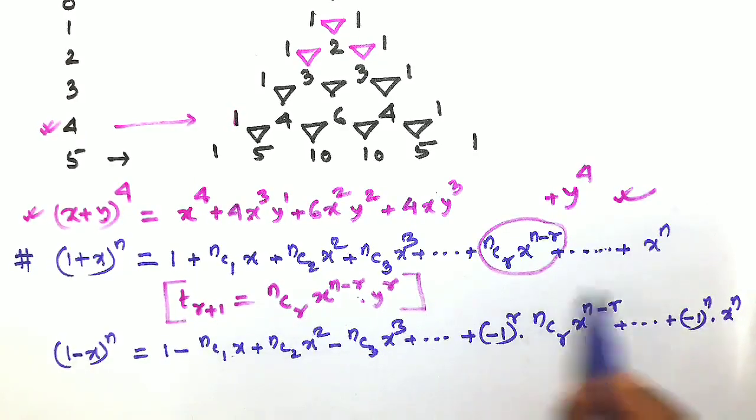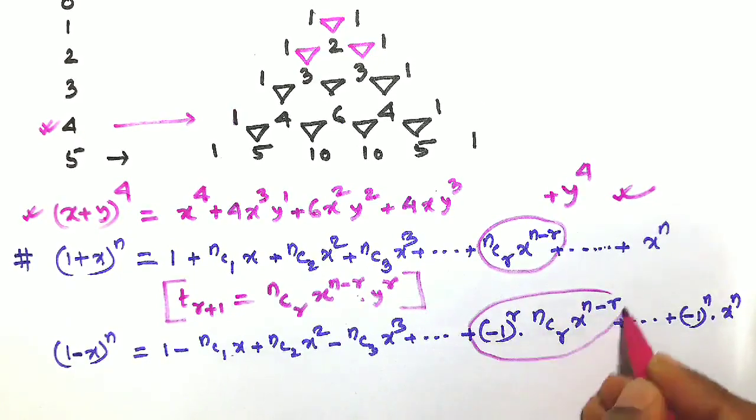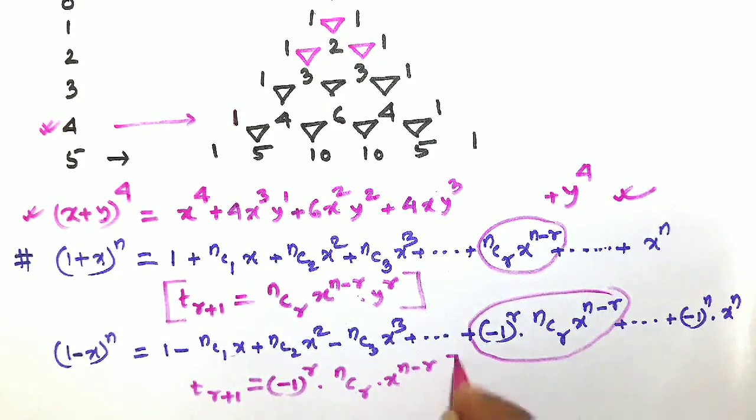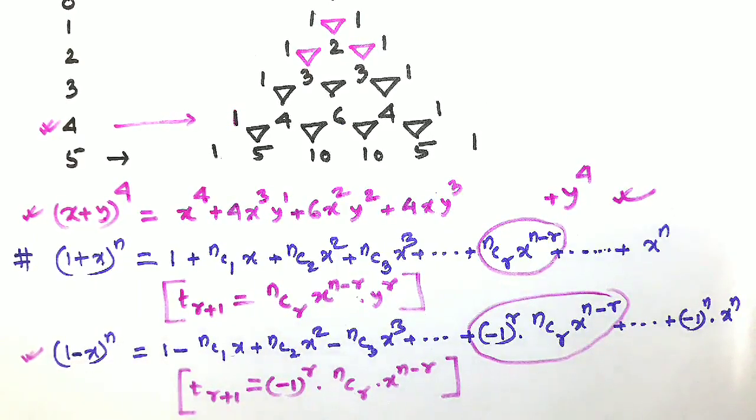So you have to write the general term. So T_(r+1) is equal to (-1)^r into nCr into x^r. This is the general term of the expansion of (1 - x)^n.